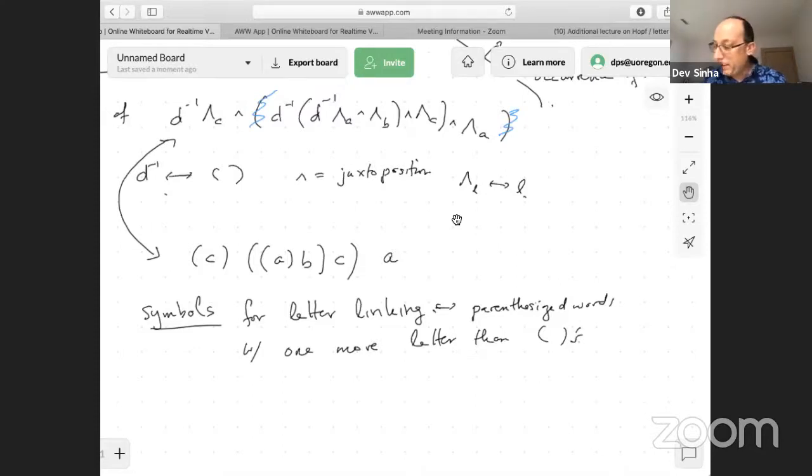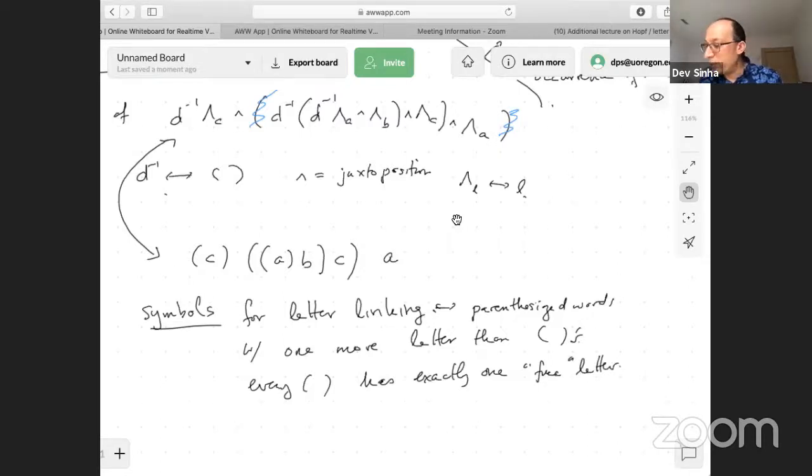And every set of parentheses has exactly one unparenthesized or free letter. So in this example, we see that this first parenthesis, which contains only C, that's a free letter. Here, C is also the free letter. It doesn't have to be. And for the whole thing, we would say A is the free letter.